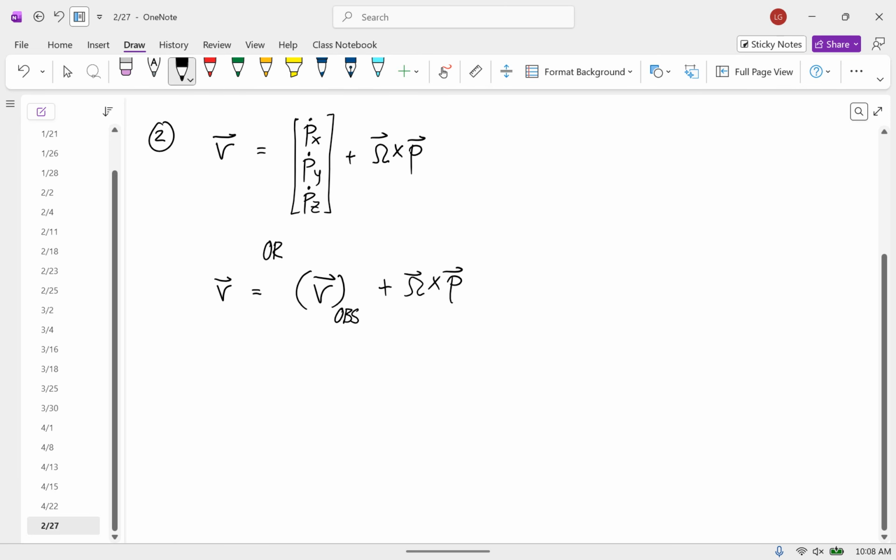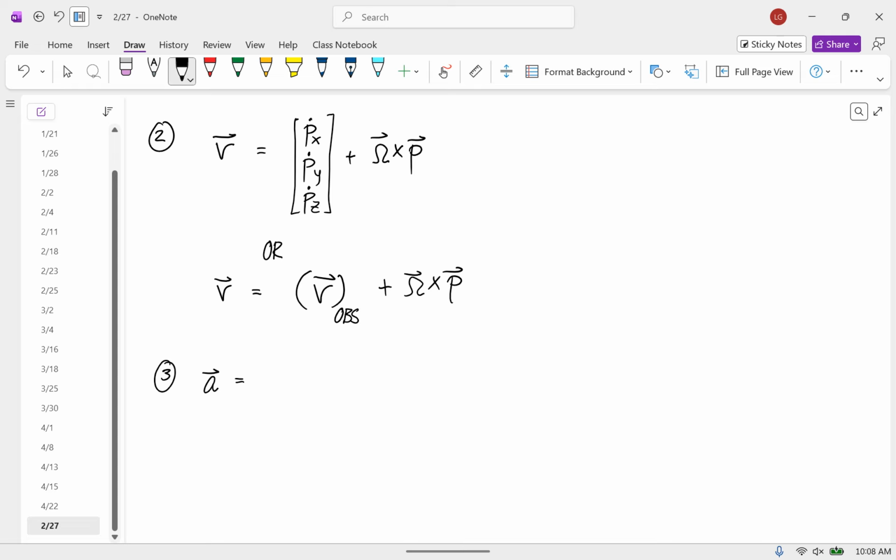And then the third result is for acceleration. So we can write the acceleration as, and this one gets messier because we have to apply this rotating coordinate system derivative now to this two-term thing from velocity to get the acceleration.